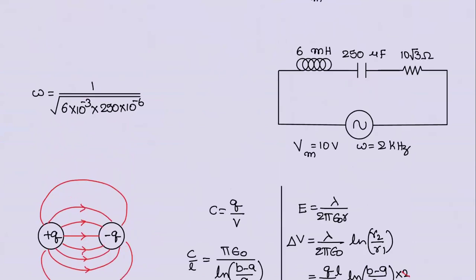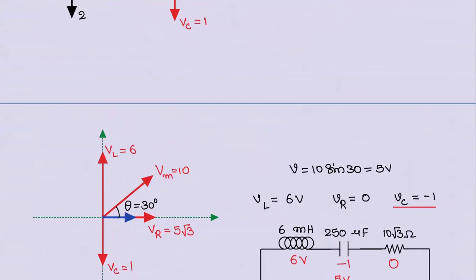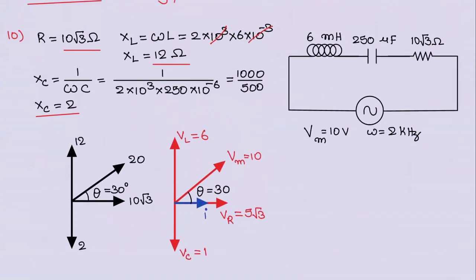If you go to any series combination, observe here: current remains same, voltage will be divided and voltage is added according to vector addition, right? I repeat, in series combination, current remains same, voltage will be divided. That is the standard statement.